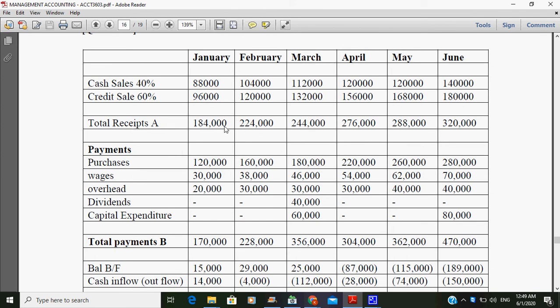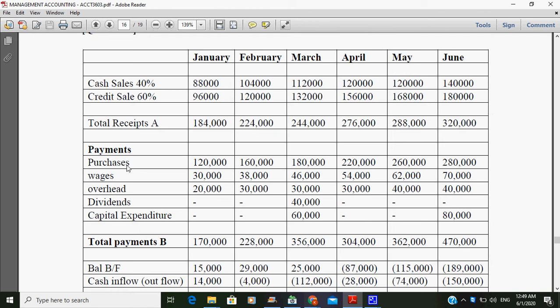Then you're going to have the purchases, your payments now. Purchases are paid the month following the purchase. What this is saying is that the amount for November will be paid in December, and then December's will be paid in January.